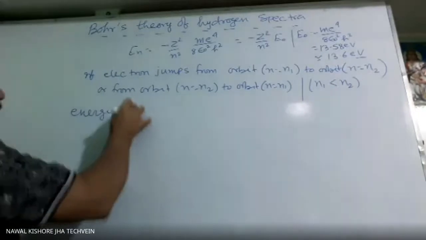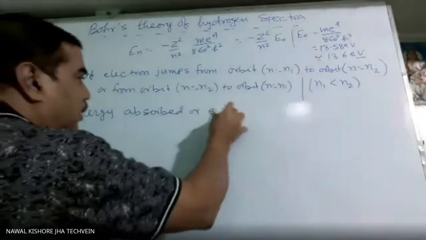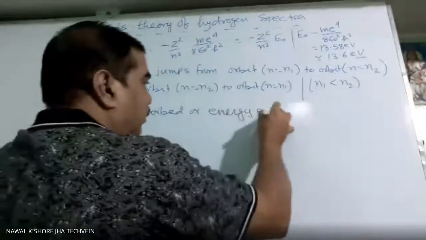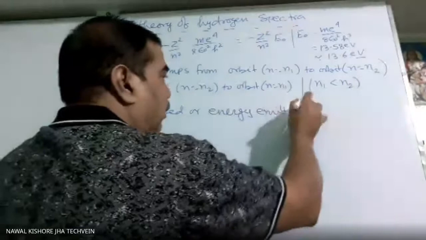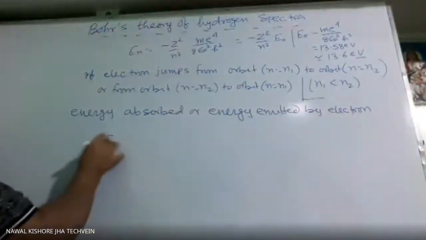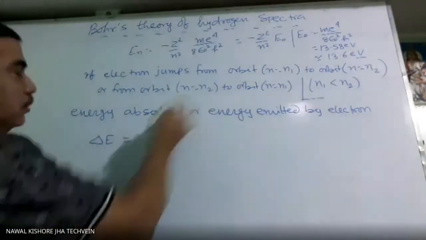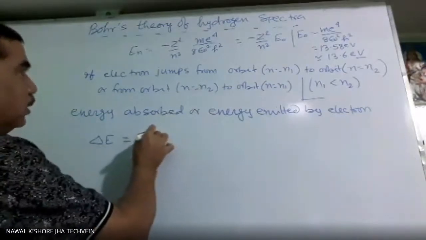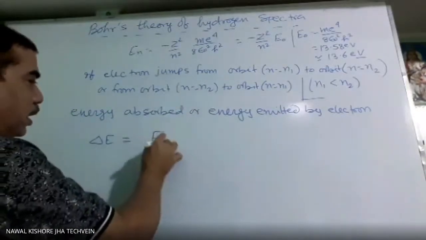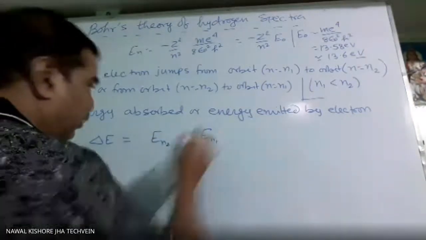So the energy absorbed or energy emitted by the electron, this delta E, will be E2 minus E1.